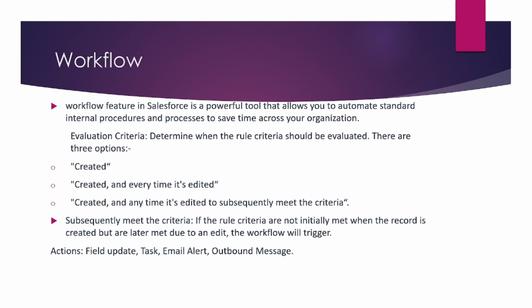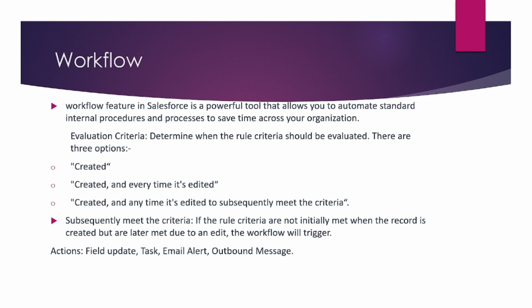First one is created, second one is created and every time it's edited, and third one is created and any time it's edited to subsequently meet the criteria. Created means whenever you create any record in the org, your workflow will fire. It will run only a single time.